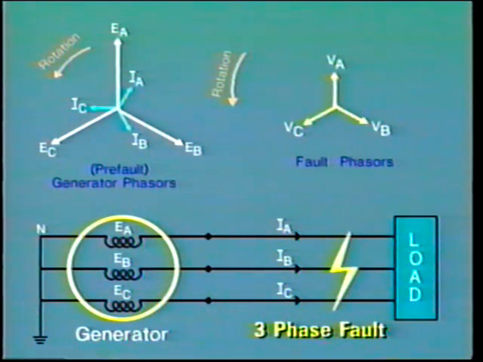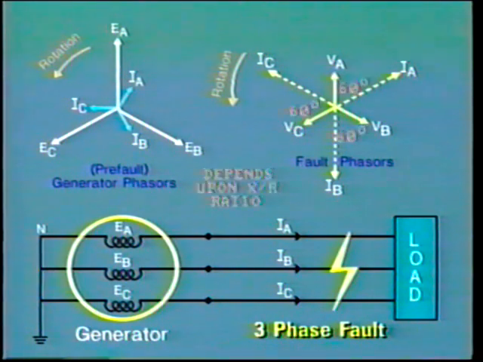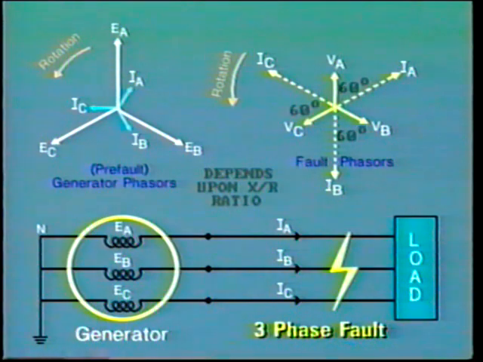These fault voltages are indicated by the letters VA, VB, and VC. The current rises dramatically, and its angle of lag has now increased to 60 degrees. This is an approximate value which is dependent upon the ratio of inductance to resistance in the impedance to the fault.